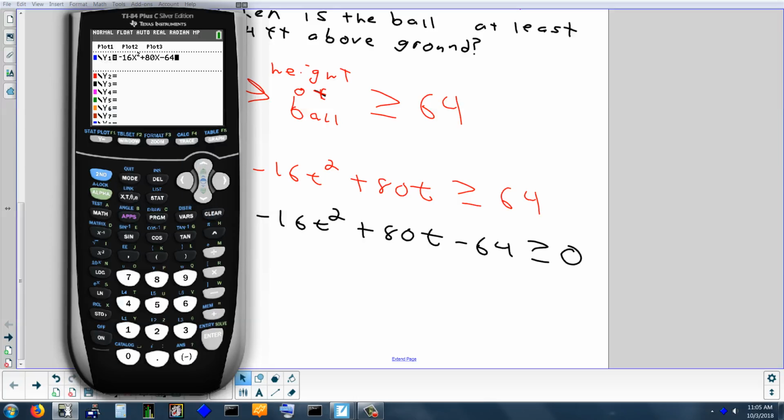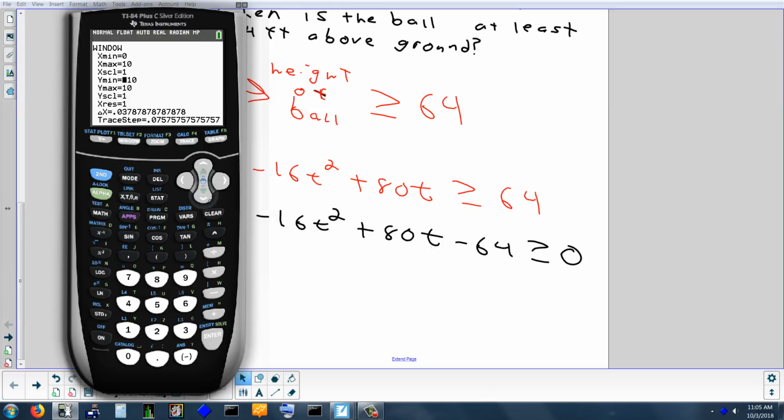Now, I got to set my window. Well, x is time. So does negative time make sense here? Think, Rebecca? Maximum time, well, that's how long it's in the air for. We don't know that yet. So let's put 10. And if the ball goes off the screen, then we'll fix it.